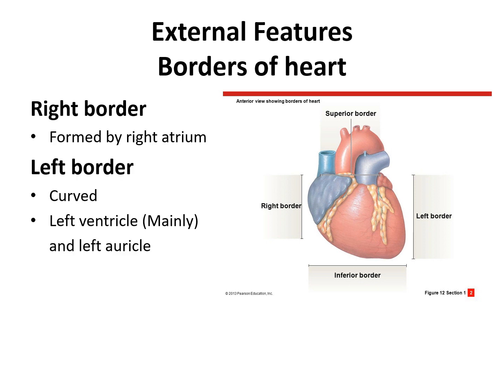The right border is contributed only by the right atrium, while the left border, which is slightly curved, is contributed mainly by the left ventricle, but the superior aspect is contributed by the left auricle also.